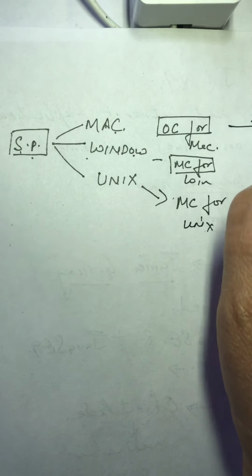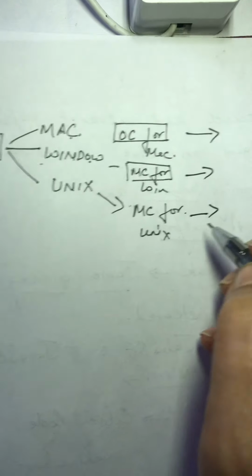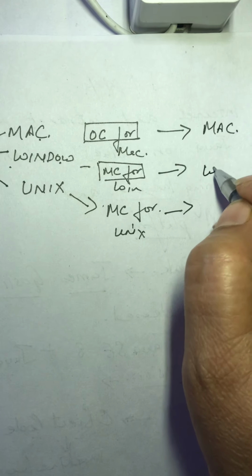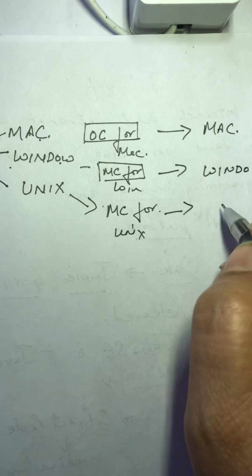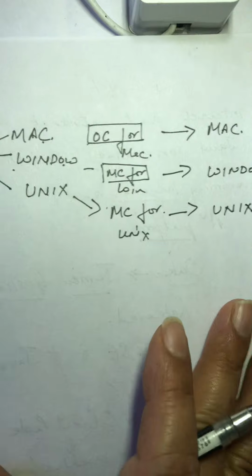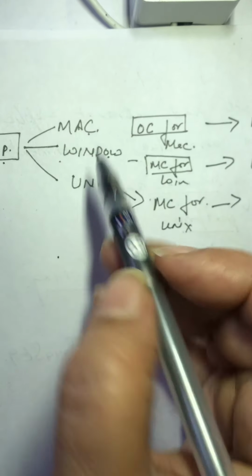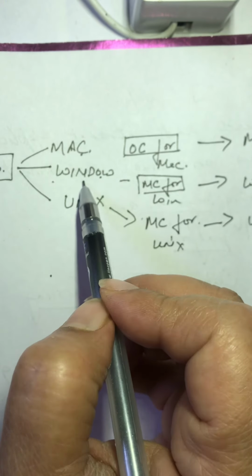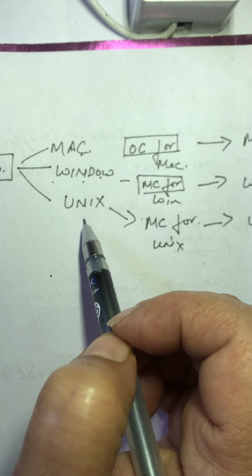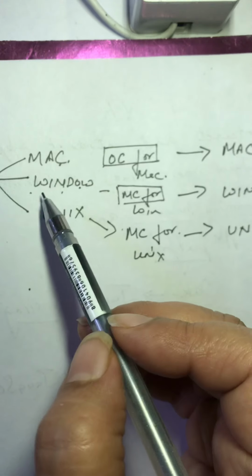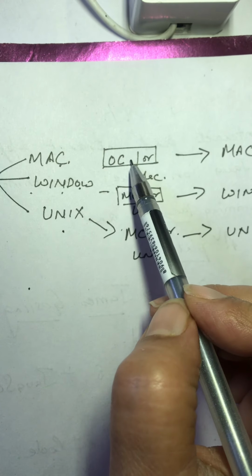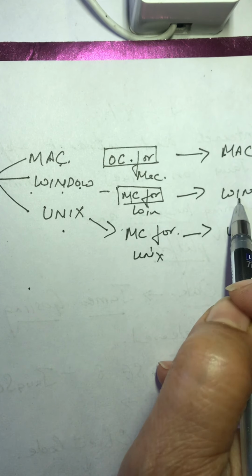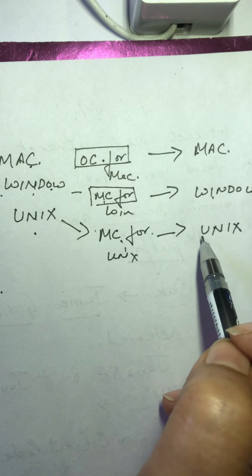Separately, these codes will be used on Mac computers, Windows-based computers, and Unix. So what you realize here is that there was one program, but it had different object code for Mac, different machine code for Windows, and different machine code for Unix.